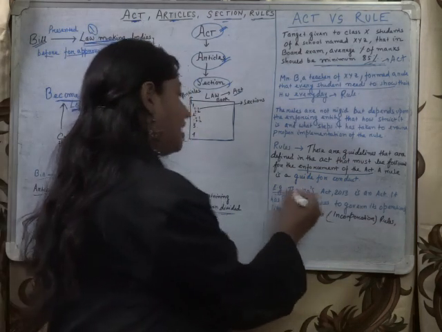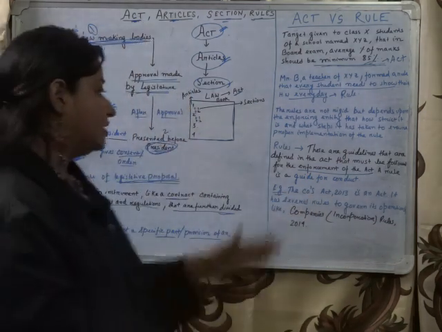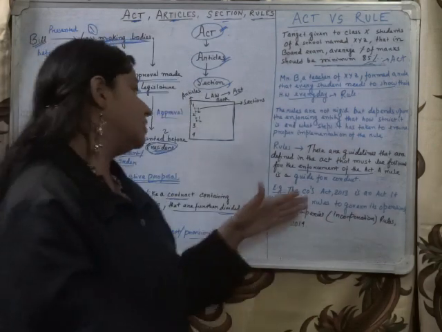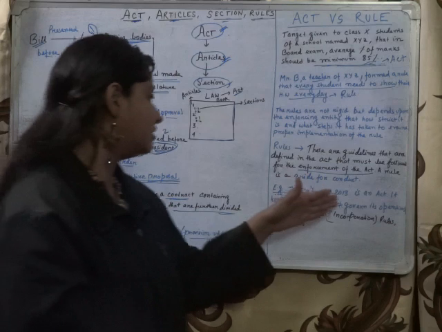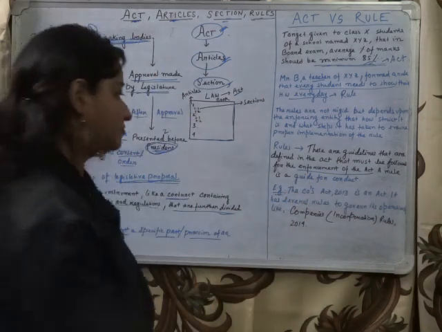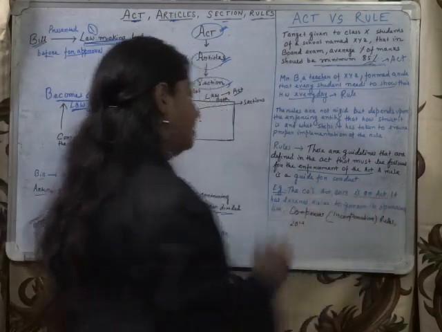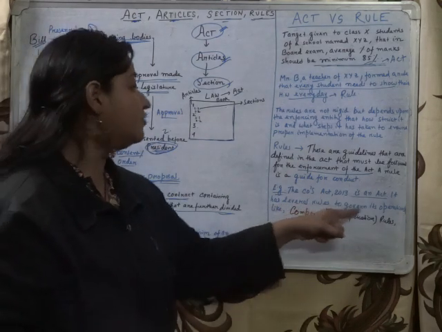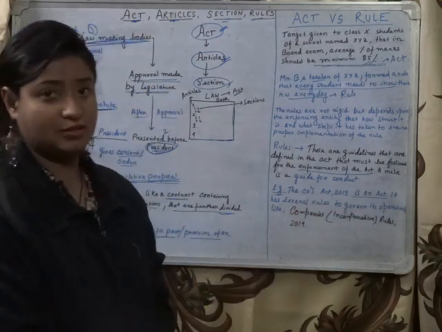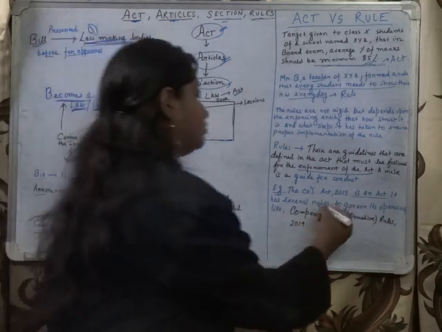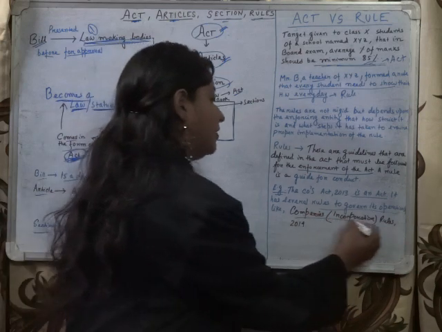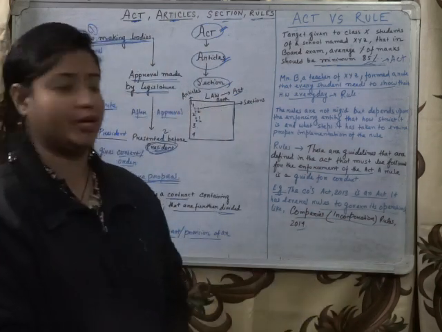Just take an example from the legal point of view. The Companies Act 2013, you know that very well. The Companies Act 2013 is an act. It has several rules to govern its operations, like the Companies Incorporation Rules 2014.